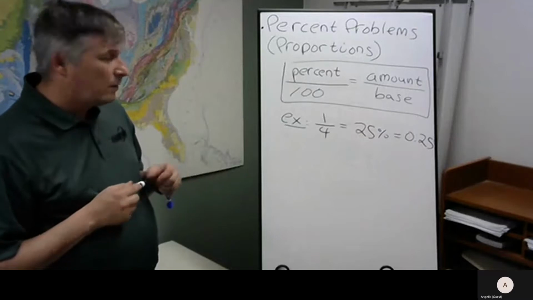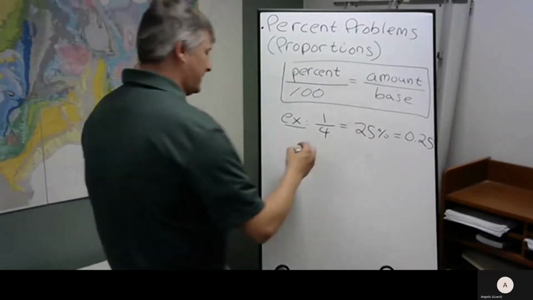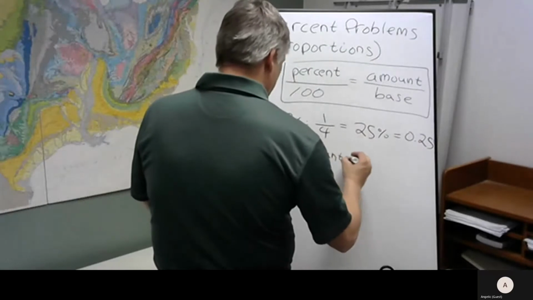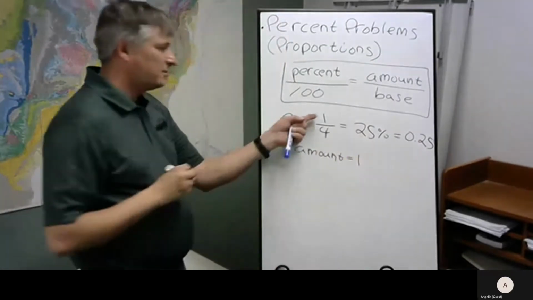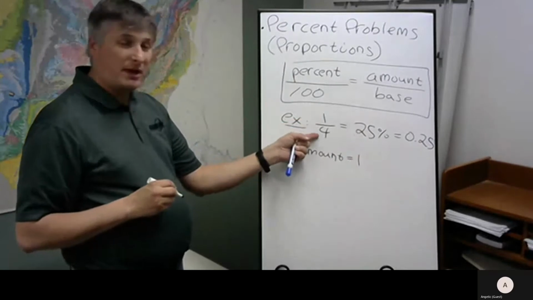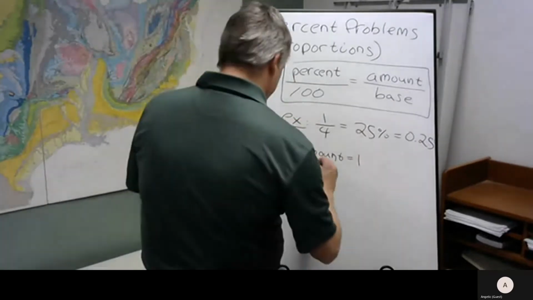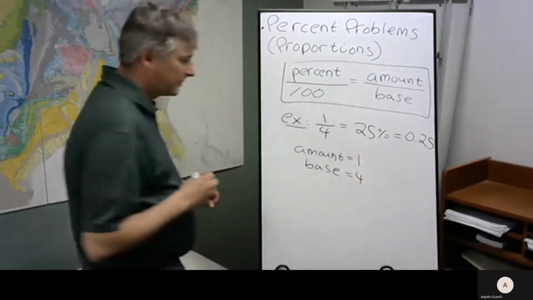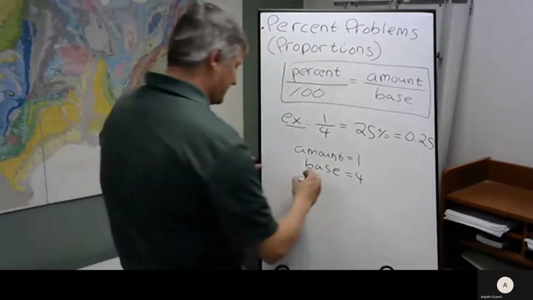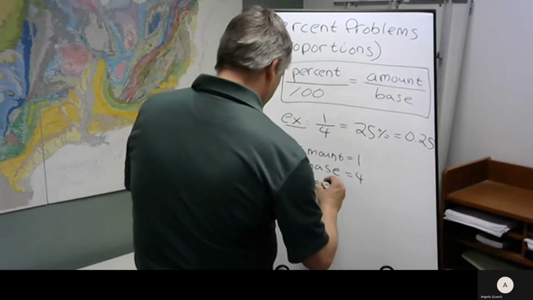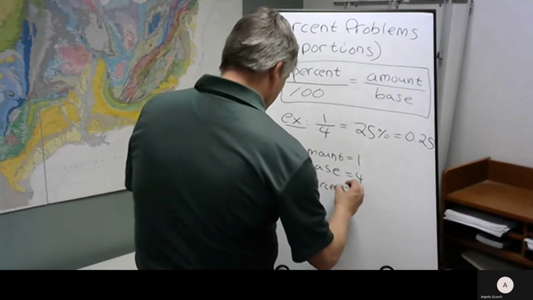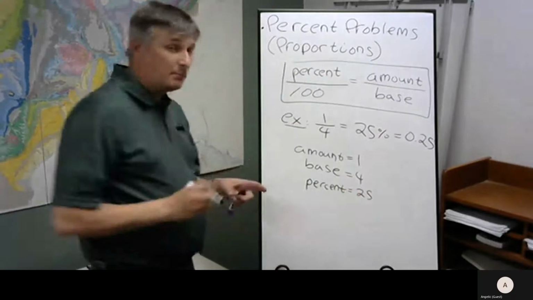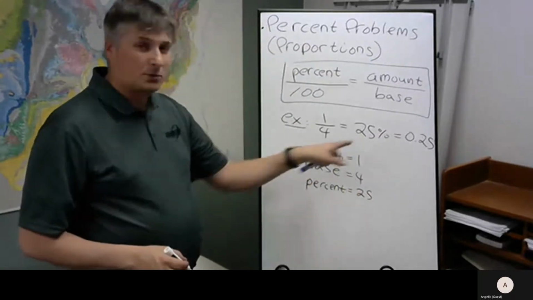So what we do, the amount is going to be the 1. The base is the 4. The percent is 25. Not 0.25, but this 25.